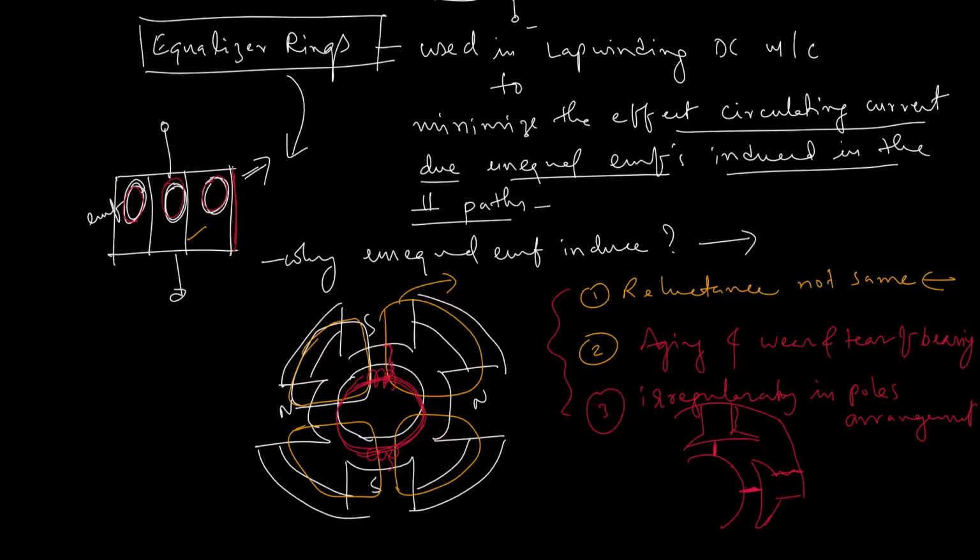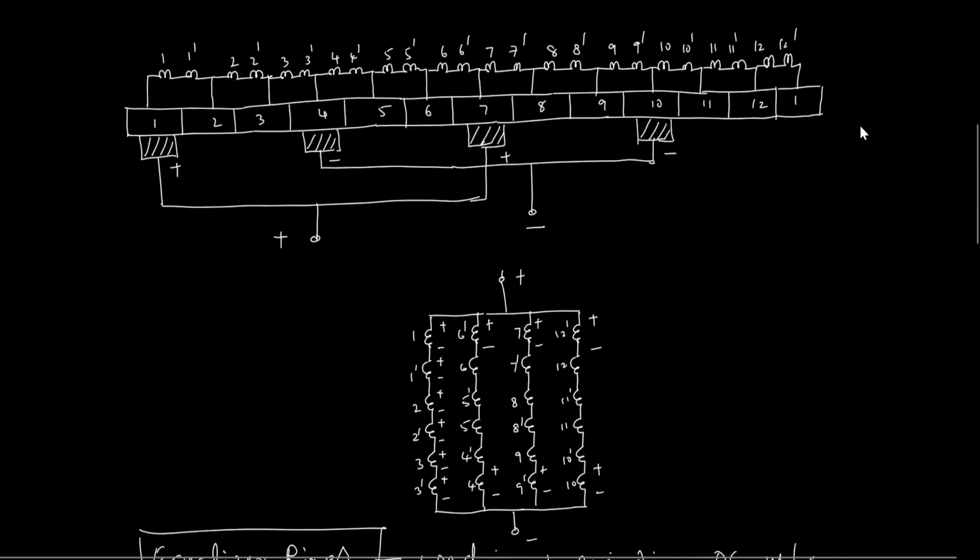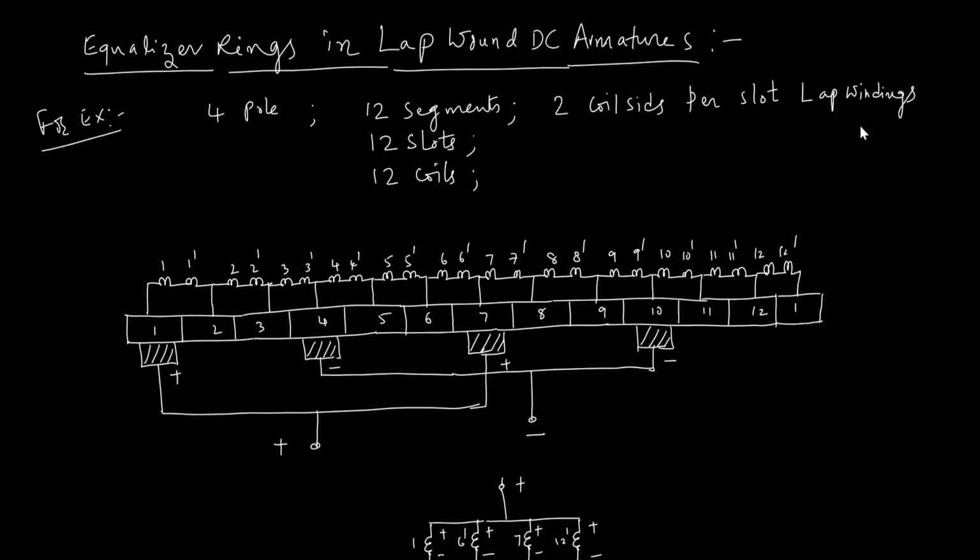Okay, now how do we eliminate these currents? I have shown here a simple example. This is a 4-pole, 12 slots, 12 coil example, which we already took in the first lecture on winding.